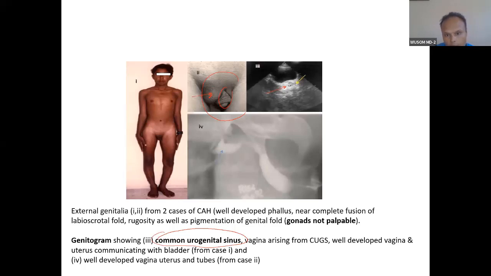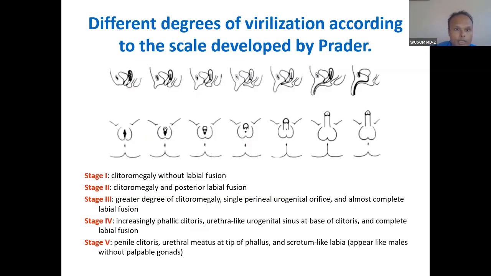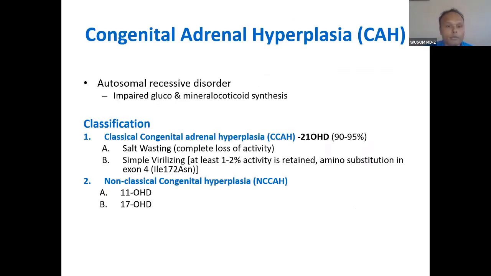These are the stages of virilization in a female: stage 1, stage 2, and so on. You can go through it.